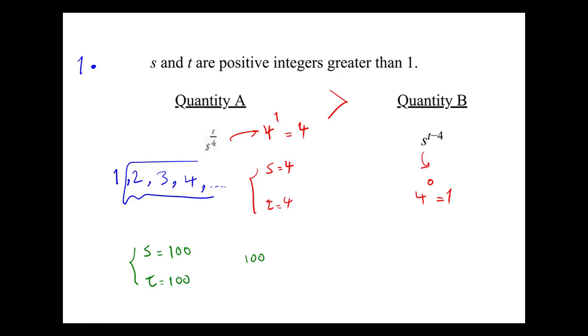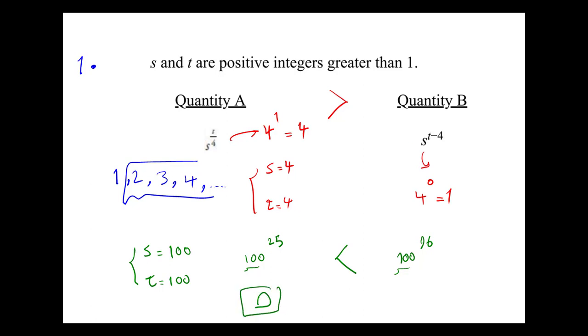T is 100, and 100 over 4 is 25. This is quantity A. What about quantity B? S is 100 to the T minus 4. 100 minus 4 is 96. So 100 to the 25, and 100 to the 96. The bases are equal, but this power is bigger, so quantity B is bigger.